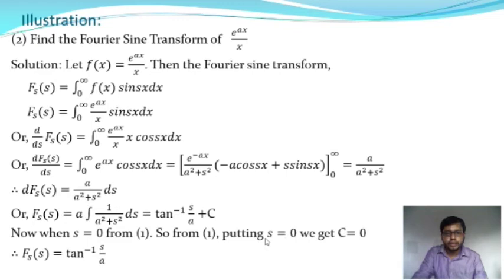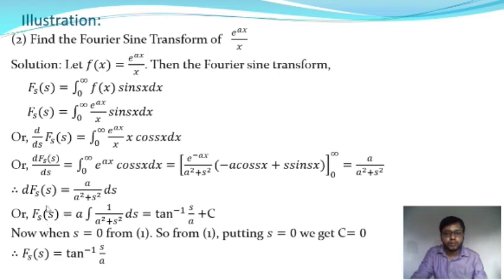Now when we put s equal to 0 in that equation, we will get the value of c, and it will give 0. At s equal to 0, the Fourier sine transformation will give 0. Then from this we will get the value of c, and it will be 0.